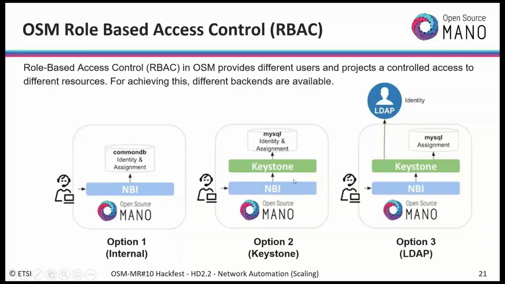Now, there are other ways to do that. For example, rather than using an internal database, I can use an external database, with a Keystone in between. The Keystone helps me connect to an external database like the MySQL database that we use, to hold your username and password and use it for authenticating the users.